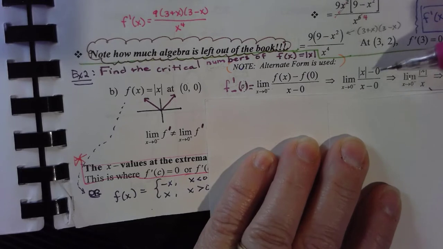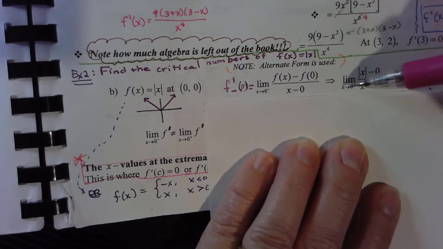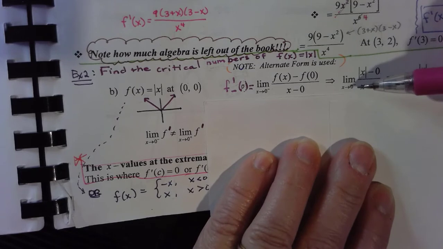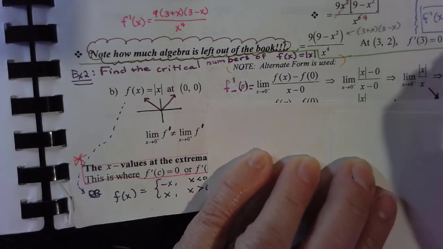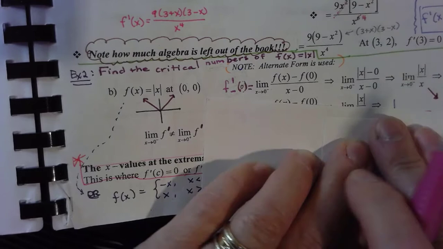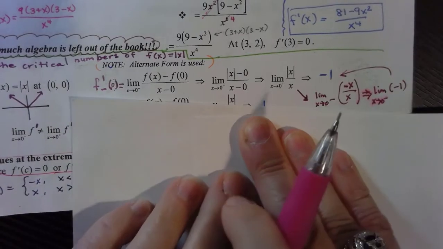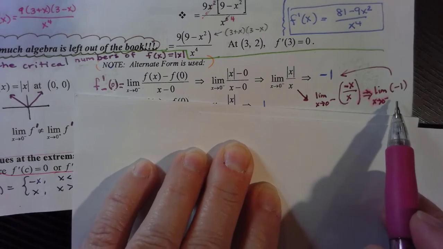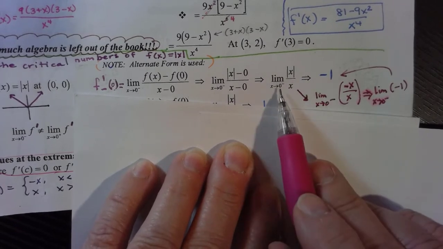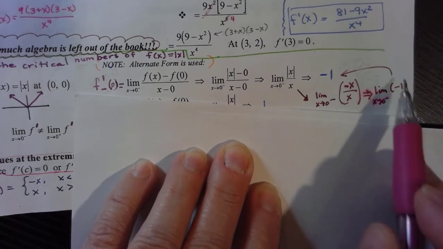I'm going to take the limit as x goes to 0 from the left. From the left-hand side, remember that when the quantity inside the bars is negative, its absolute value is the opposite of itself. So that is going to give me negative x over x, which is -1. So the limit as x goes to 0 from the left is -1.